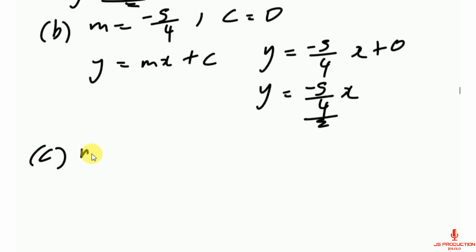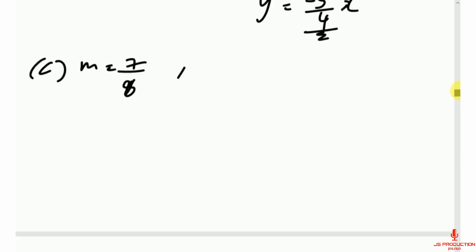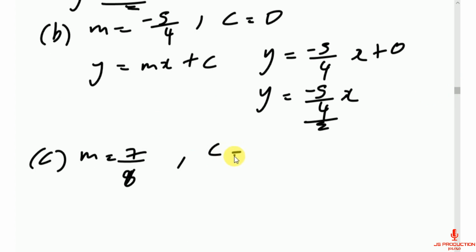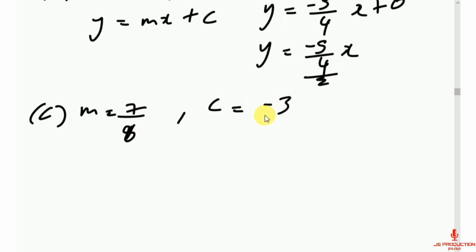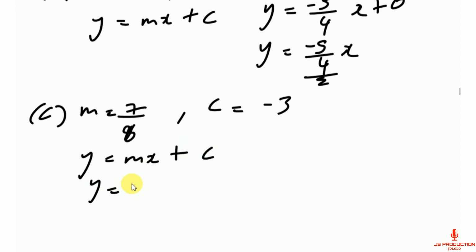So we say y = mx + c. Then y is equal to m, we know that is 7 over 8 x, plus our c, which is negative 3.